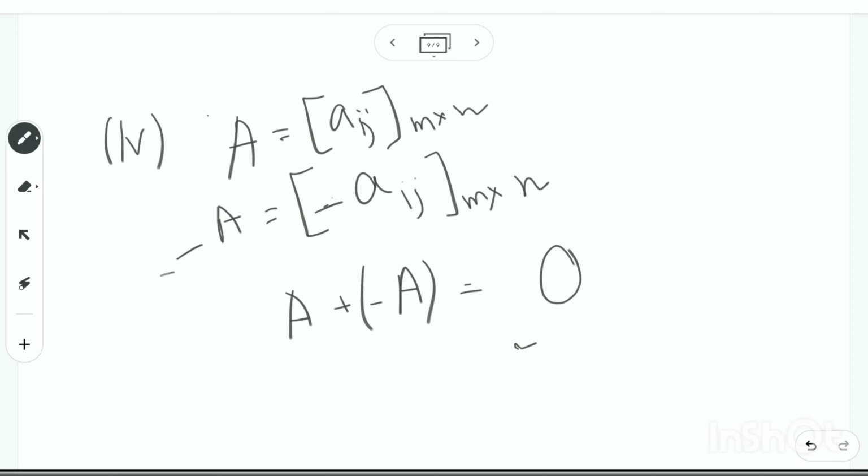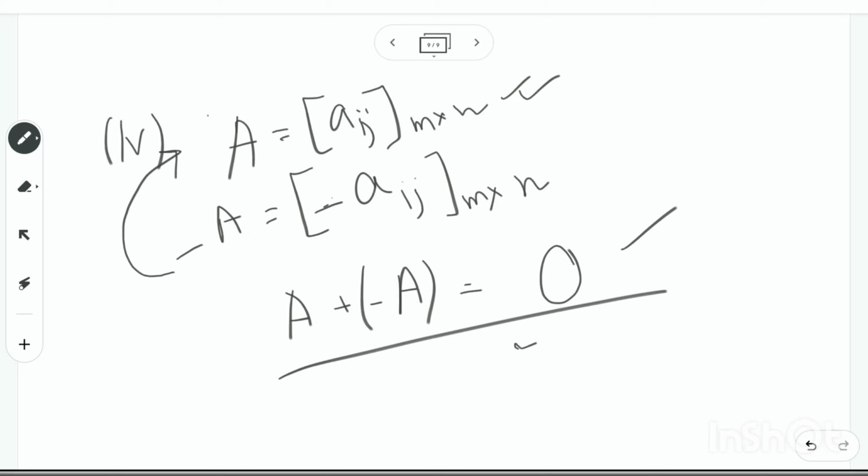So minus A is the additive inverse or negative of A. If a matrix A exists, there also exists its additive inverse, and if we add those two matrices, you get a zero matrix.